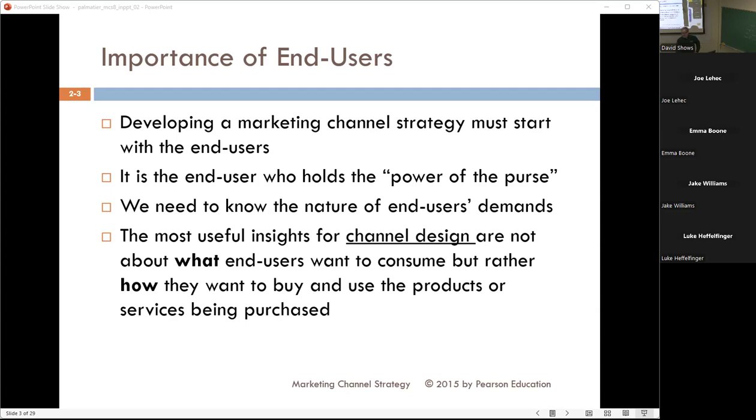You'll find in many books, Kotler is one of them, that calls the supply chain in marketing the demand chain. I think that is a more complete definition on the marketing side. We look at how we sell the offering and how it creates value. But before we can design an efficient channel, we must first understand our end users.